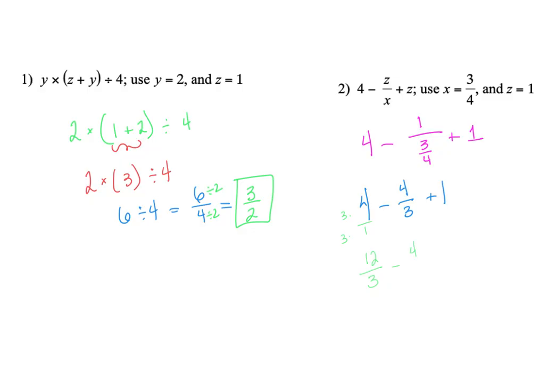We are subtracting 4 thirds plus a 1, to get a common denominator, is going to be 3 thirds. Remember, once you have your common denominator, to add or subtract those fractions, you just do your numerators. So we have 12 minus 4 is 8, plus 3 is 11, and we keep our denominator the same.